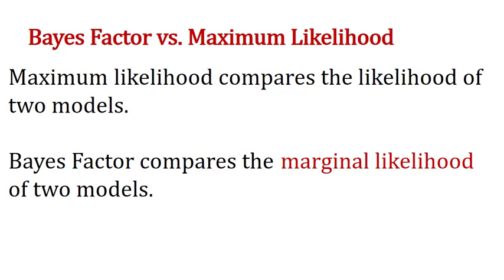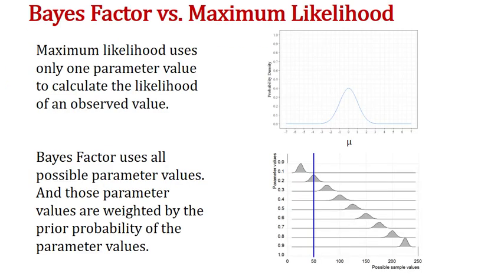It does it in a different way, but the idea is how likely is one model, how likely is another model, and we make the comparison of the likelihoods. Now the way the likelihoods are calculated is different in the two approaches.